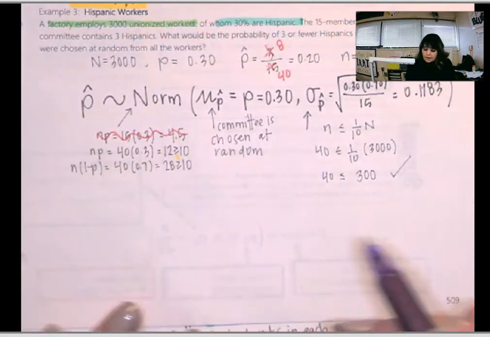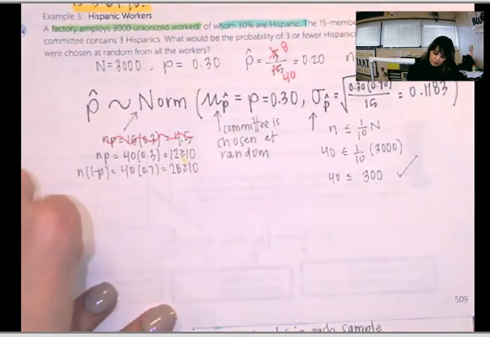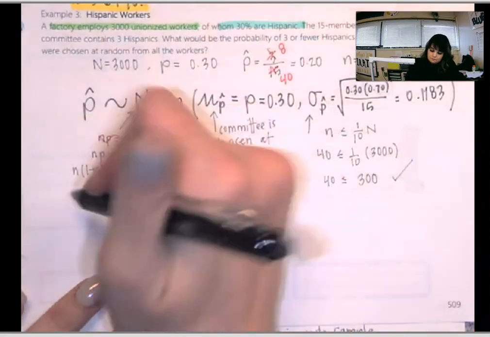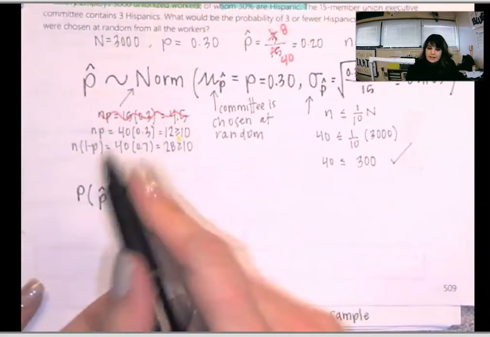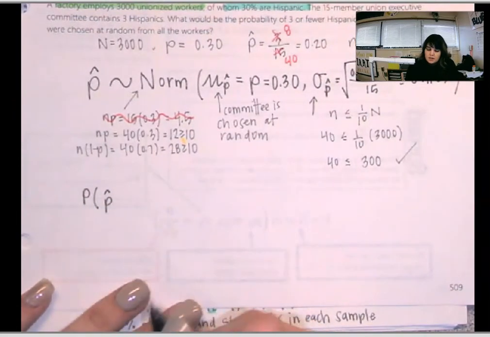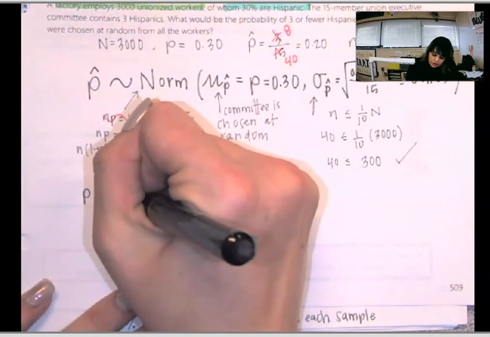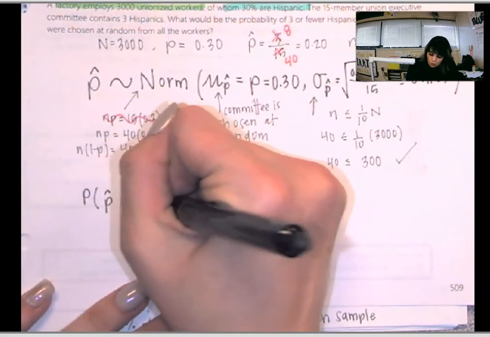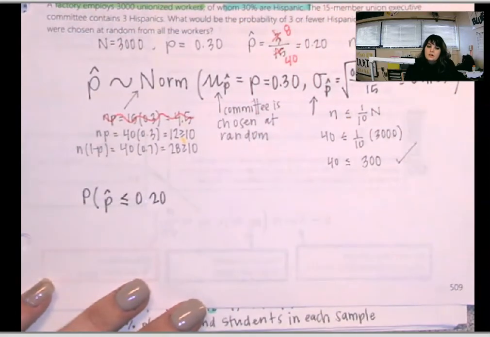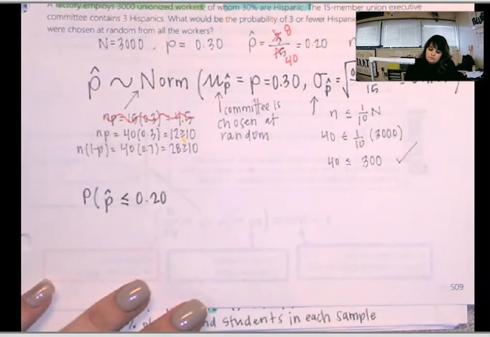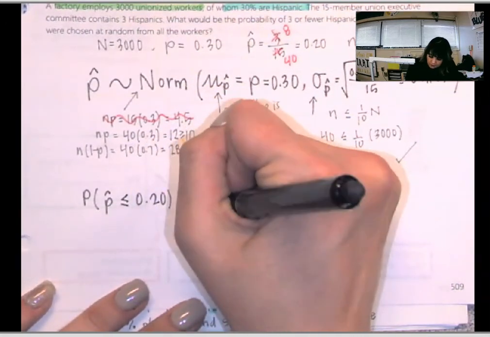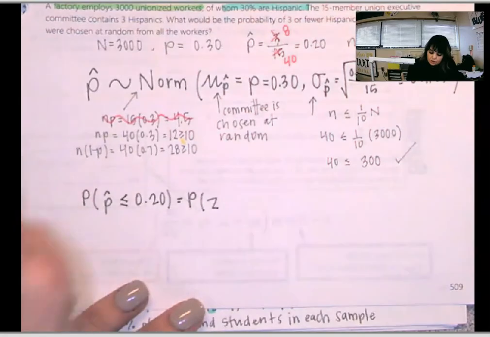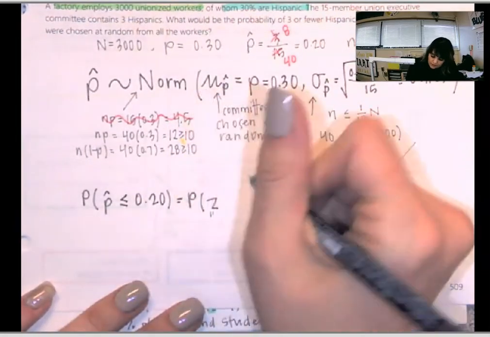Okay, well now we are calculating the probability, capital P, that we would get an executive committee, so that's my P hat, where 20% or fewer are Hispanic. This is the probability of some z-value. What z-value?